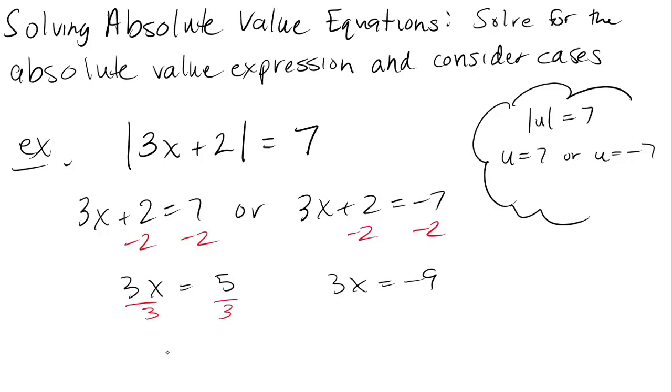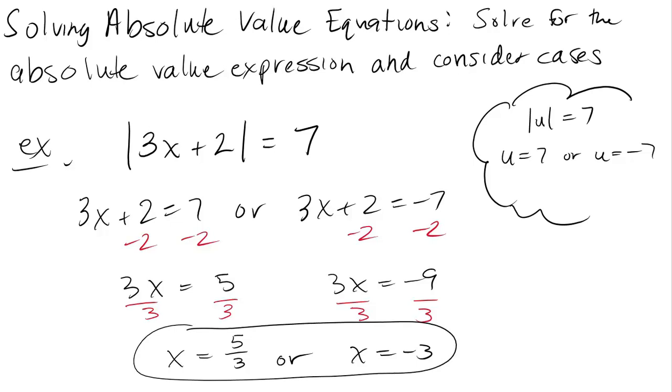The reason you have a harder time guessing is because the answer is a fraction, 5/3. On the right, I would do the same thing, although this one's easier to guess. Maybe you don't need to show that step here. This is negative 3. The correct word between them is or, because either x is equal to 5/3 or it's equal to negative 3. These two solutions cover the cases, and so we're done.